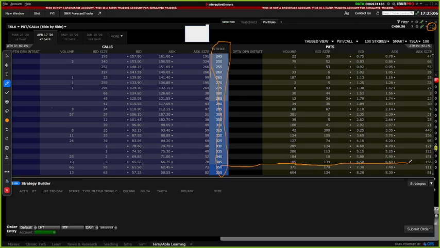Can you see? So show me where it is on the strike. What's the strike price that is connected to? Yeah, so where is the strike price?